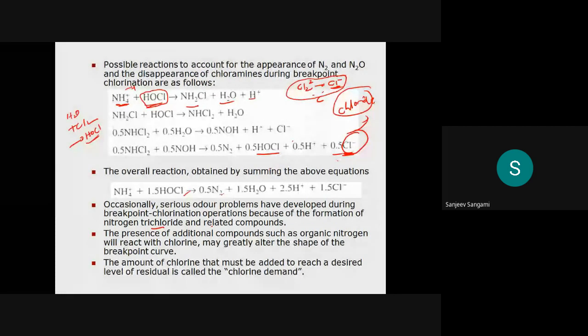So I said that it should follow the typical curve, but it is not going to follow that typical curve.